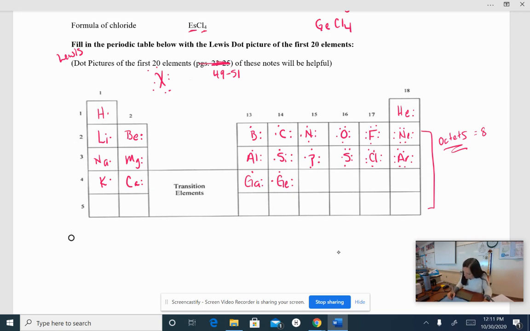And then we have arsenic, which has 5. And then we have selenium, which has 6 valence electrons. And then we have bromine, that has 7. Hopefully you're seeing a pattern here. And then we have xenon, that has 8.